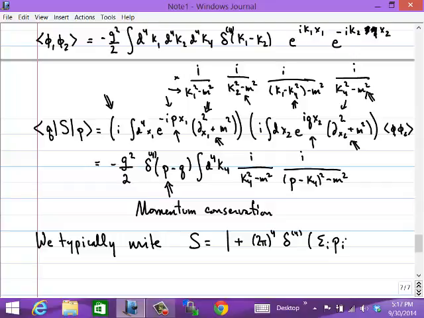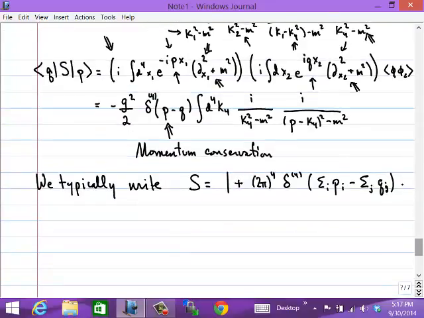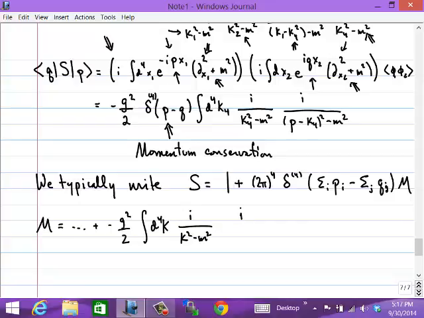So you have to sum all of the initial momenta minus all of the final momenta, okay, times something that we call M, where M here is the scattering amplitude, which in this case has a contribution from the Feynman diagram I wrote above of minus g squared over 2 times the integral d4k times i over k squared minus m squared times i over (p minus k) squared minus m squared.